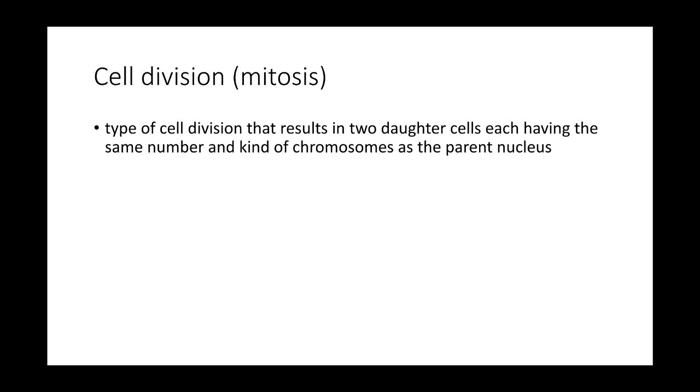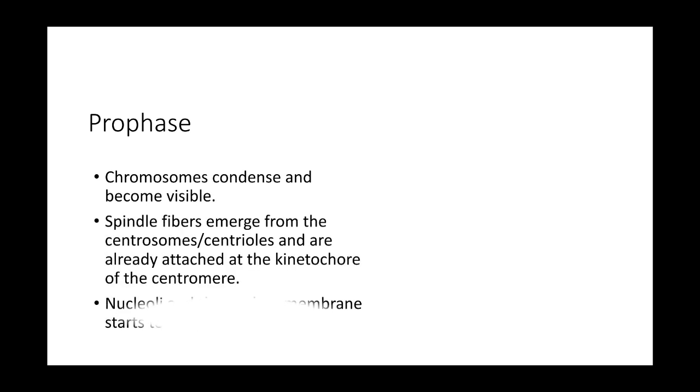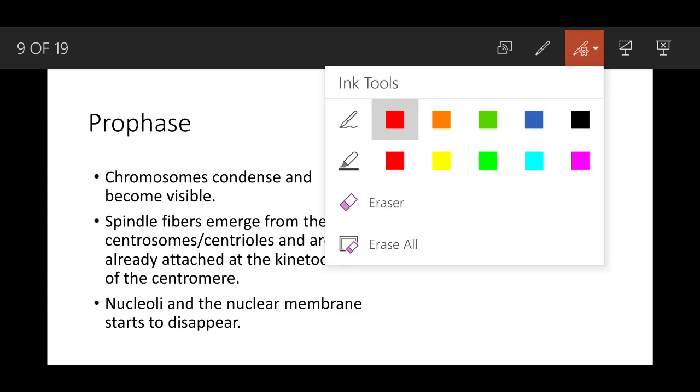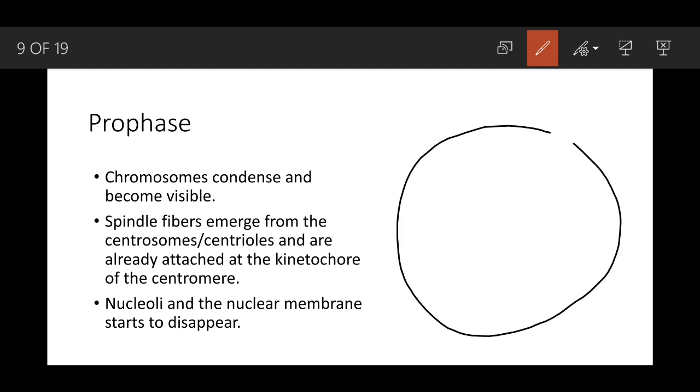Okay, so your mitosis is actually divided into different parts. We have prophase. These are the characteristics of prophase, let's go through them one by one. For prophase, chromosomes condense and become visible. So, if for example, this is your cell, your chromosomes are already here.